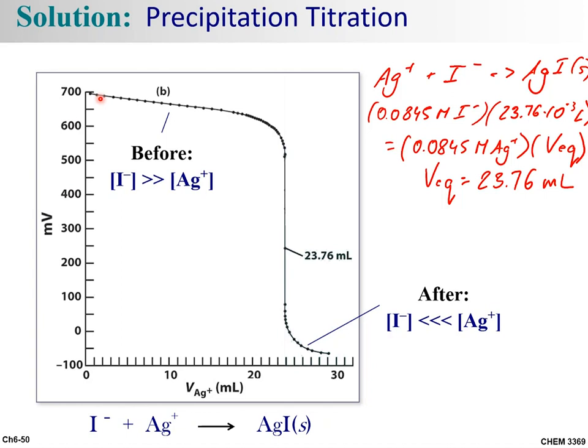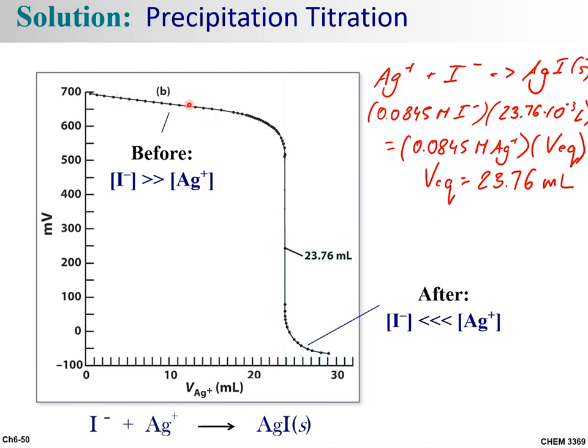Okay, so if we follow the course of this titration with a silver electrode that again responds to the concentration of silver plus ion, we see a relatively constant voltage until we get close to the equivalence point. So at the beginning of this titration here, the voltage is relatively constant, right?